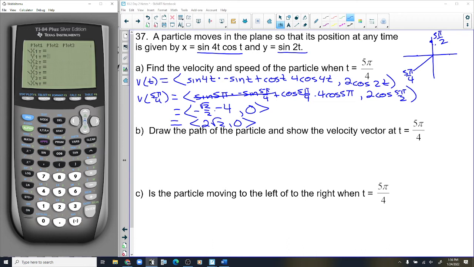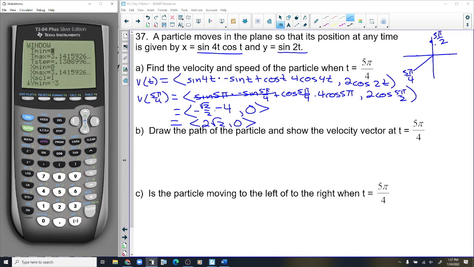Clear these out. Sine of 4t cosine of t, there's the x. Sine of 2t. And this is a really small graph. The only reason I know that is because I've done this a couple times today already.